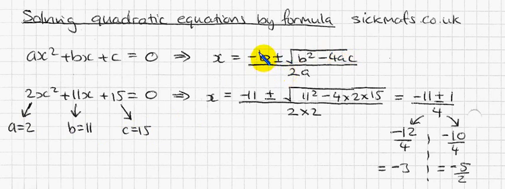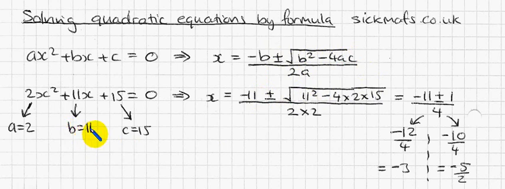So, where I've got minus b, I should be saying minus 11, because b is 11, so minus b is minus 11. And then I write plus or minus, like I wrote plus or minus there, and then I write a huge big square root sign, and inside I have to write b squared minus 4ac. So what's b squared?